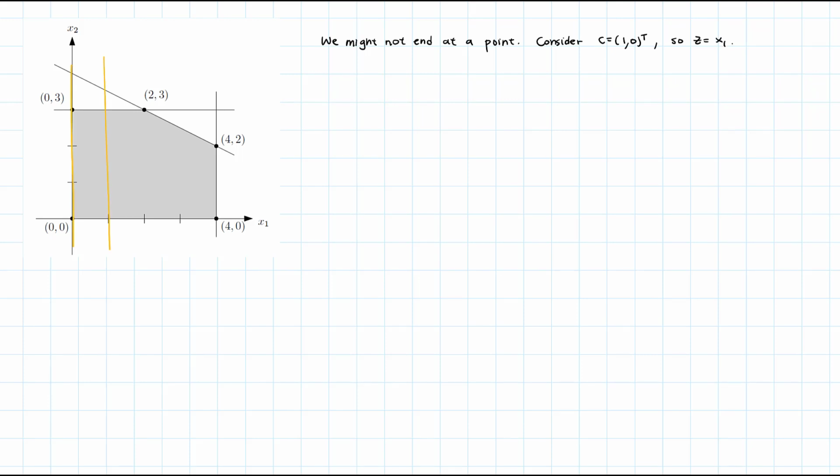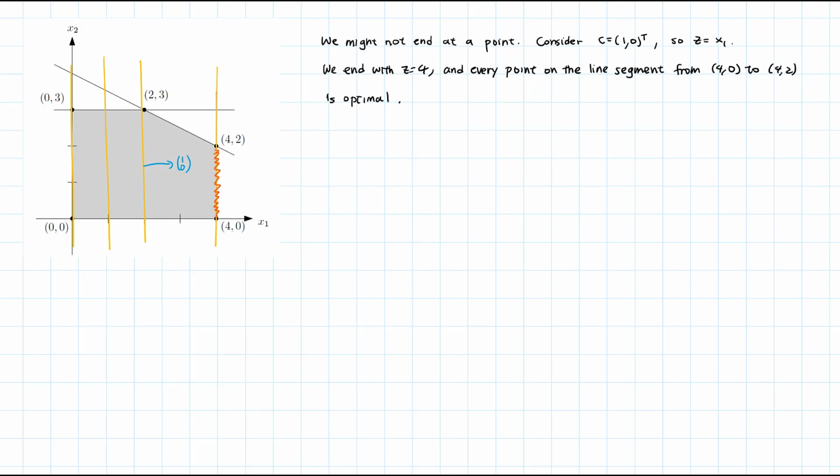This means that we are pulling a vertical line to the right as far as possible. In this case, we end with z equal to 4, which intersects a segment, and beyond that there is no intersection. So then, every point on the line segment from 4, 0 to 4, 2 is optimal, with optimal value 4.